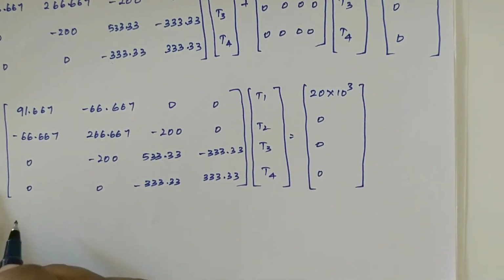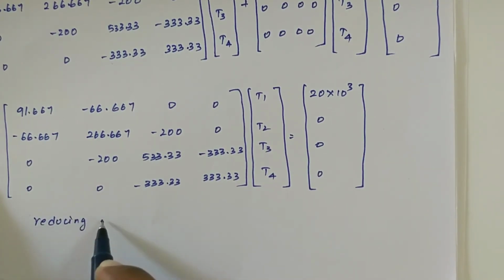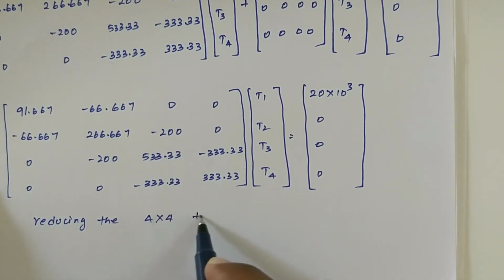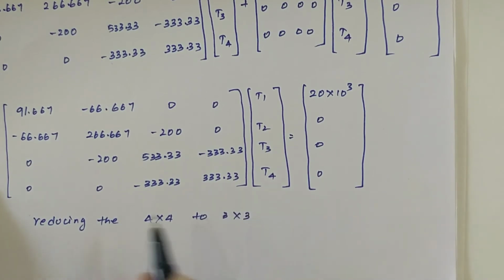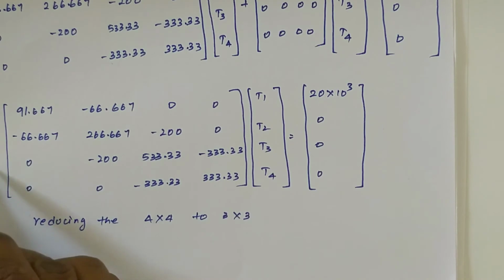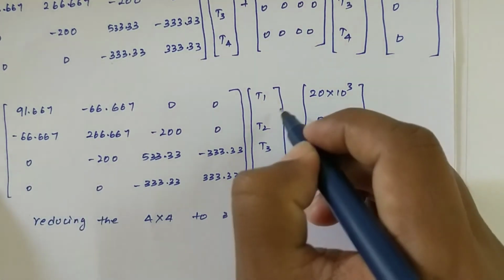Now, using the elimination method, we reduce the 4x4 matrix to 3x3. Since we know the temperature T4, we consider the equation from the other side of element 3 and do the matrix multiplication.